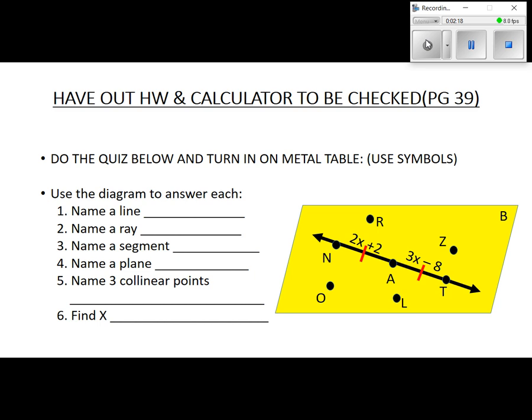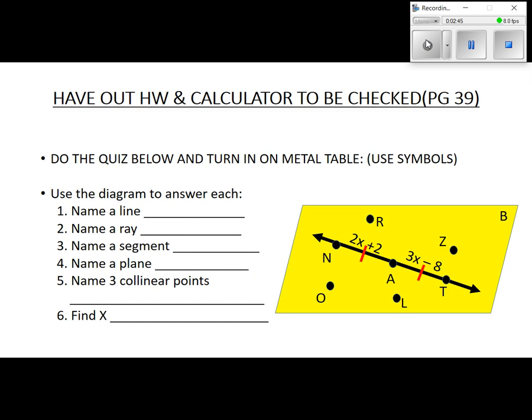Separate. So if I just write N-A-T, that looks like maybe I'm almost trying to name a plane or something else, right? And I'm not. Here I'm naming three points, so if you don't write out the word point N, point A, point T, then you should put commas in between, so I know that you have three different points there.